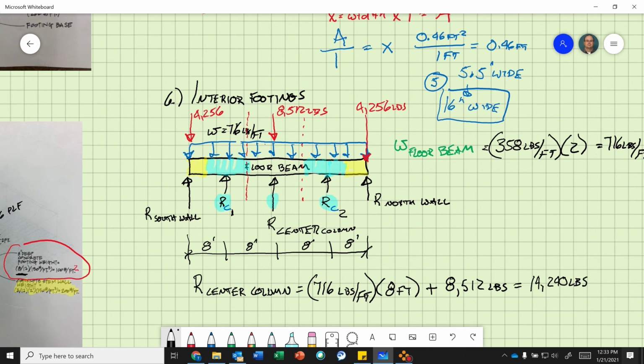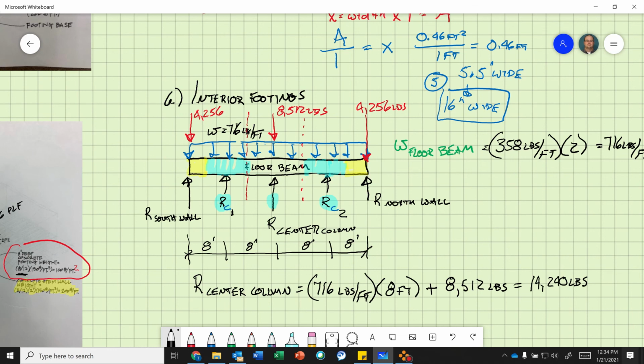All right. So with that, 14,240 pounds. Just going to double check. All right, so the floor beam, I'm just making sure my answers are correct. I didn't make a math error there. Nope, that looks about right. 716 pounds per foot times 8 feet plus 8,512, 14,240.